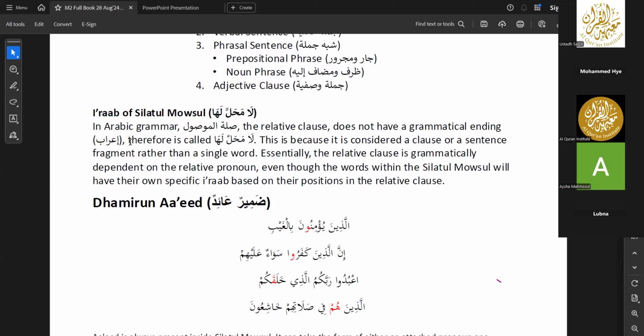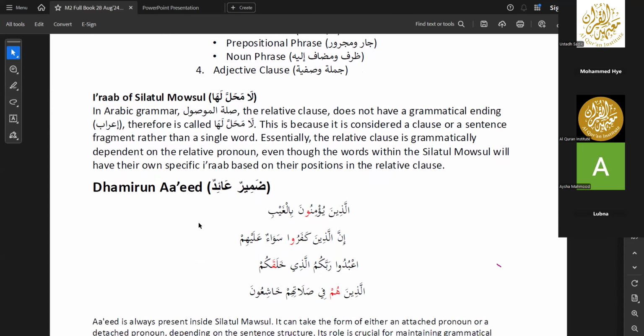Ideally, in another situation, we would say that if Ismul Mawsul is marfu, then Silatul Mawsul is marfu because it's following. But we are restricted by the grammarians to say that no matter what i'rab its principal Ismul Mawsul has, Silatul Mawsul doesn't have any mahal. We have to accept it, understand it, and use it.